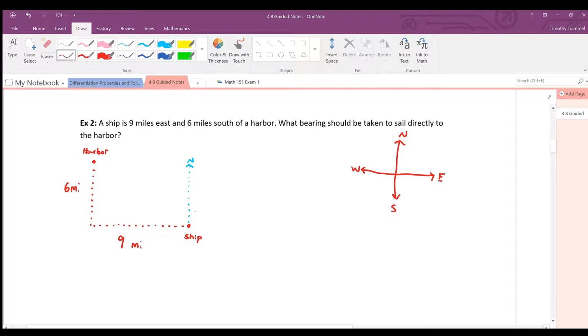I need some way to describe this direction towards the harbor. If we're using bearing, it has to be off that north-south line. So what we want to find here is actually this angle.